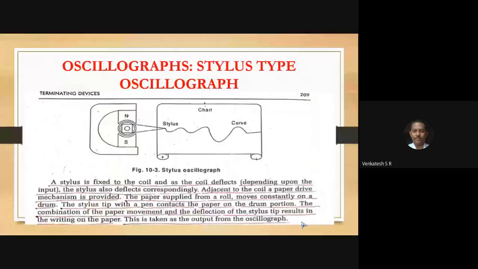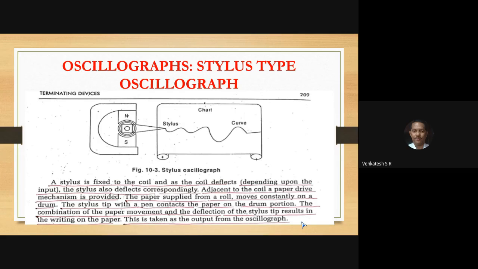What is oscillograph? Put a question mark. Explain briefly with neat sketch. Stylus type of oscillograph.